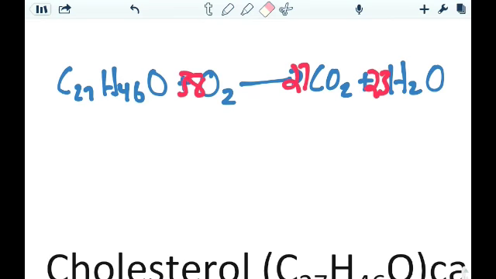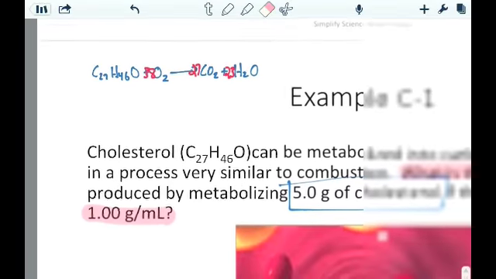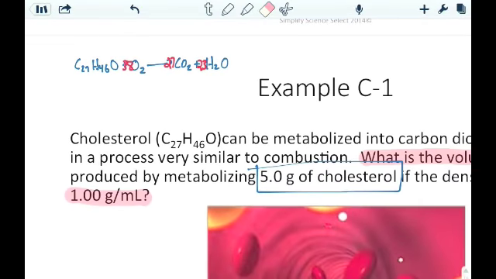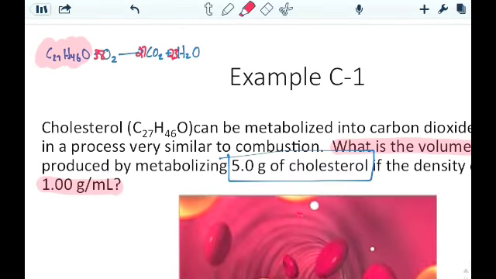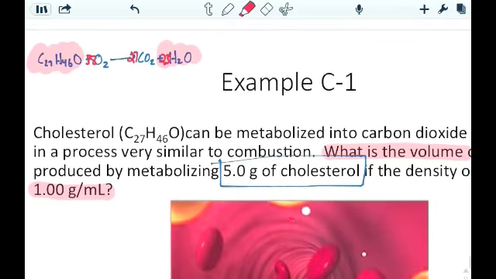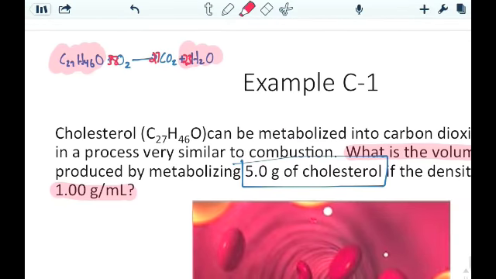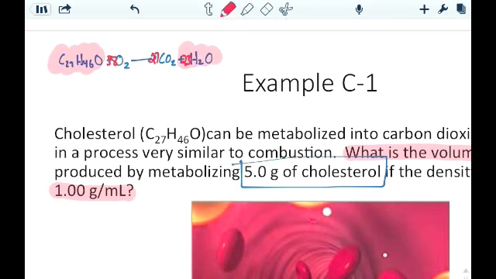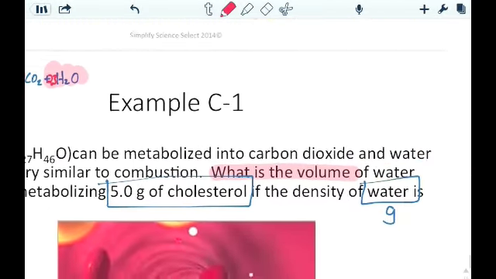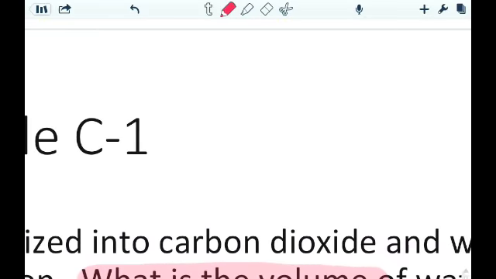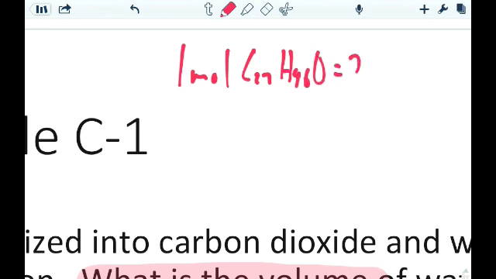Okay, so when we're looking at this, we just want to look at what we're dealing with. We're starting with cholesterol, and we're trying to figure out grams of water. So the first thing that we always write down, always need, is our mole ratio. It's a 1 to 23 ratio. So 1 mole of our cholesterol, C27H46O, equals 23 moles of H2O.